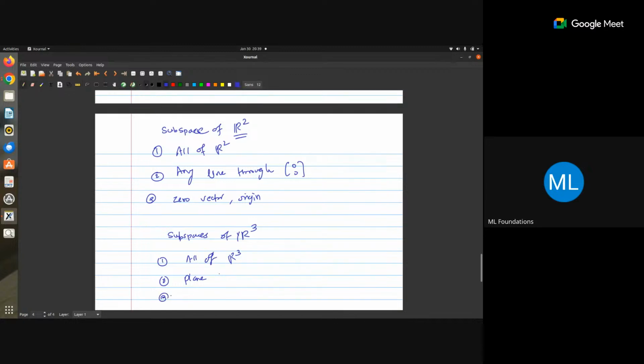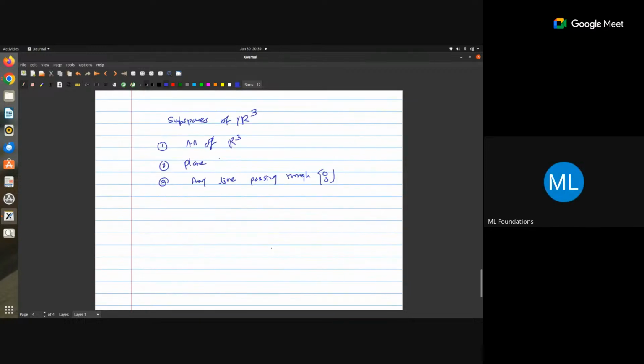And any line passing through the origin, will that be a subspace? Yes. The plane should too, right? The 0 vector and origin. And what else is there? The 0 vector, or you can say origin, whatever you want to say. That's fine. Now you understand, right?